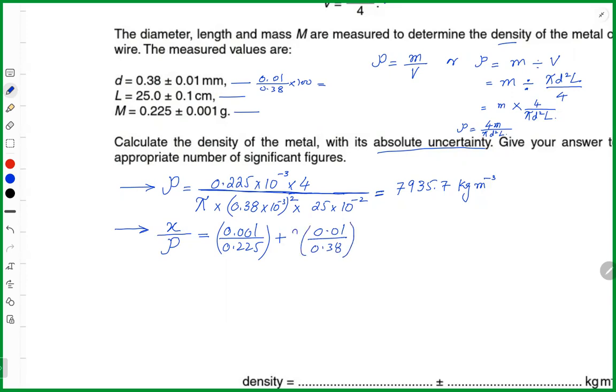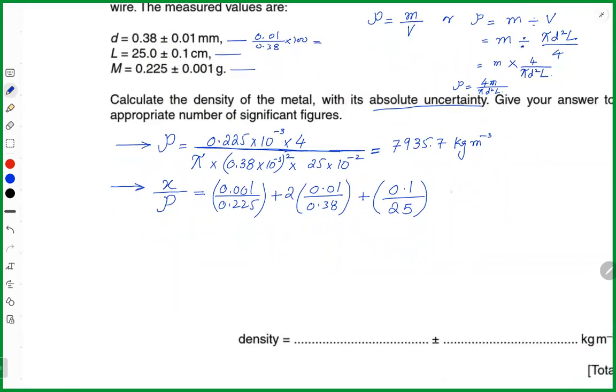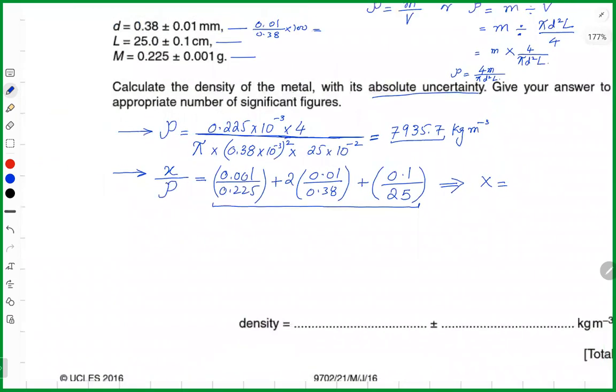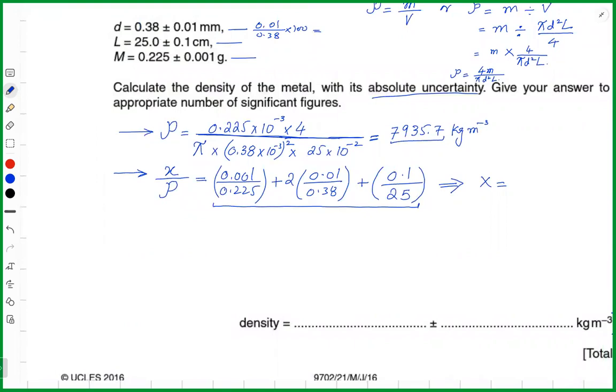And remember, I have to multiply it with 2 because there was a square, plus L, which is 0.1 divided by 25. So for the value of X, you just have to replicate this thing in your calculator, press equal sign, and whatever you get, multiply that with 7935.7, and let me know what uncertainty you get. If you don't understand, ask me right now. Otherwise, you can do it and tell me the answer.